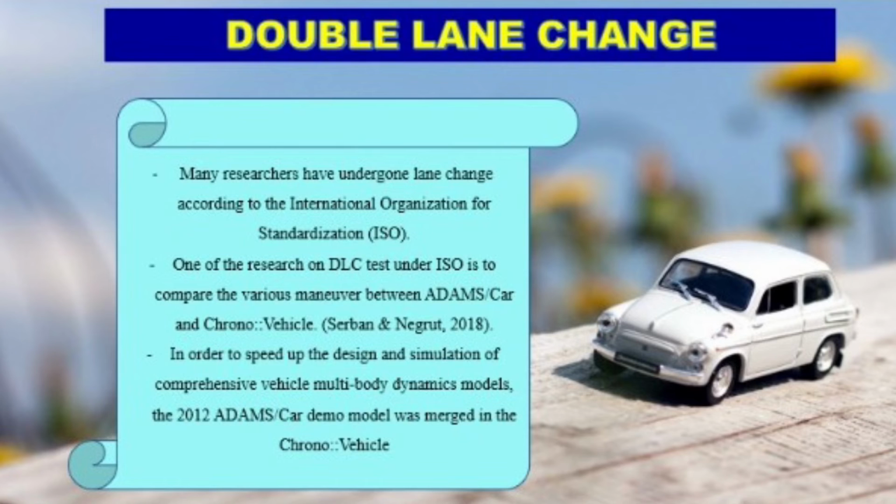Okay, next, the literature review is about the double lane change. Many researchers have undergone lane change tests according to the ISO standard. One of the double lane change tests that has been conducted is to investigate vehicle motion between Adams car model and Chrono vehicle, where Chrono vehicle is a template-based modeling toolkit for the Chrono engine.